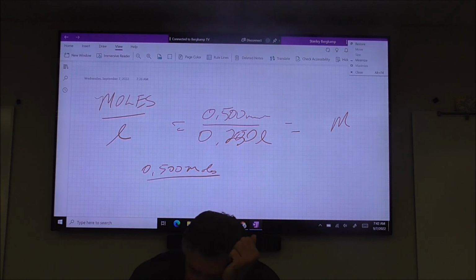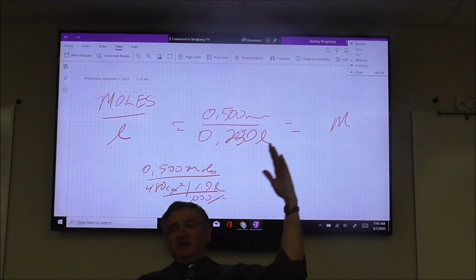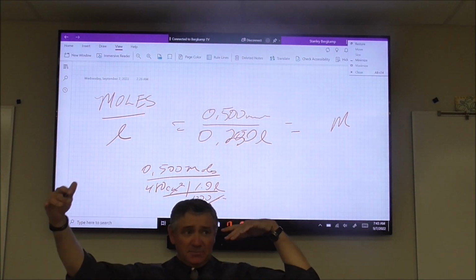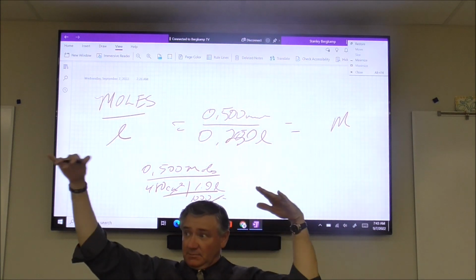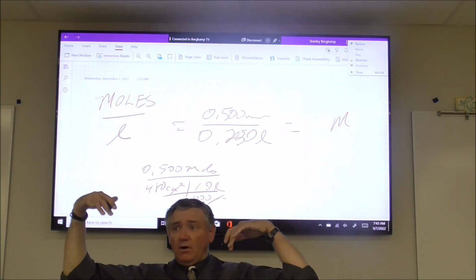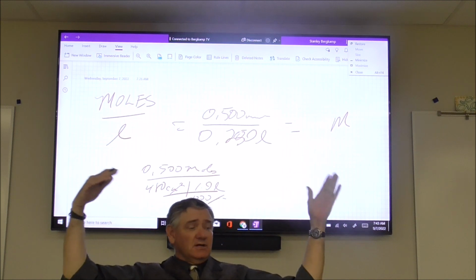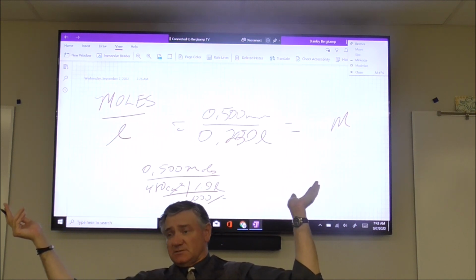And then you've got 480 cubic centimeters. Well, there's 1,000 cubic centimeters in 1 liter. Your cubic centimeters cancel out. So basically, you're going to take 480, and you can divide that separately. If you want to take 480 and divide it by 1,000 and get that number, or you can work it all in one step. Doesn't make any difference. You're still going to get the same answer.